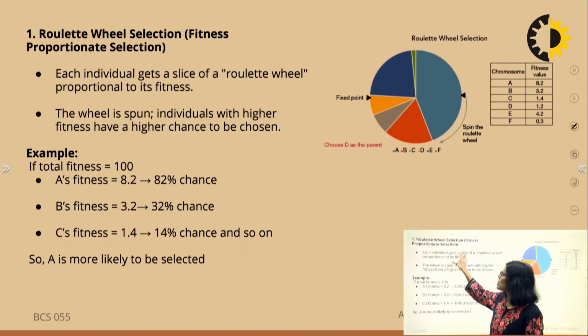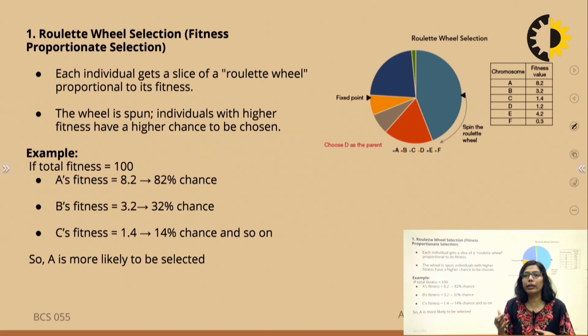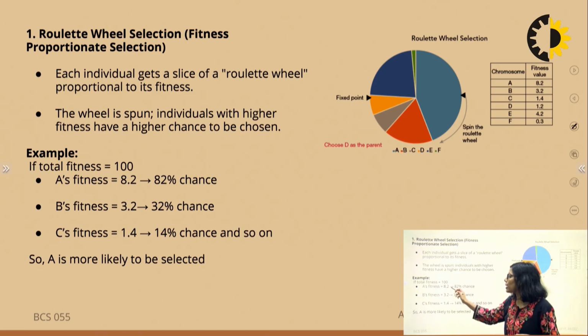First is fitness proportionate selection, which is also known as roulette wheel selection. Here we have a roulette wheel, and those solutions with better fitness are given more space on the wheel, whereas those with less fitness are given less space. For example, if A's fitness is 82 out of 100, it will be given an 82% chance.